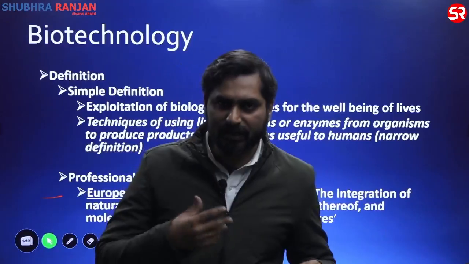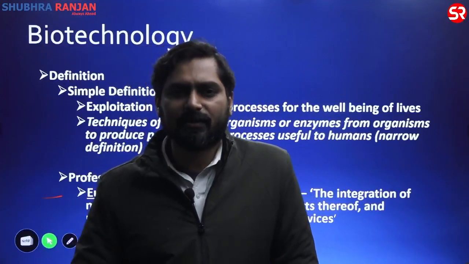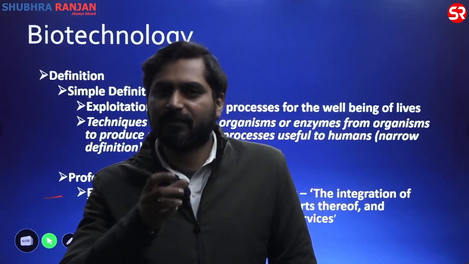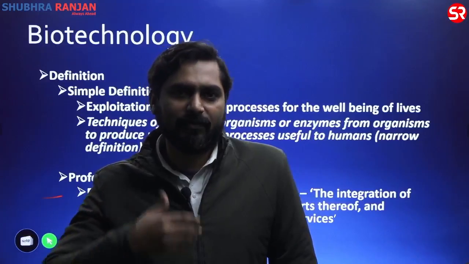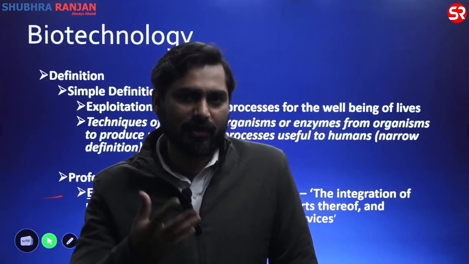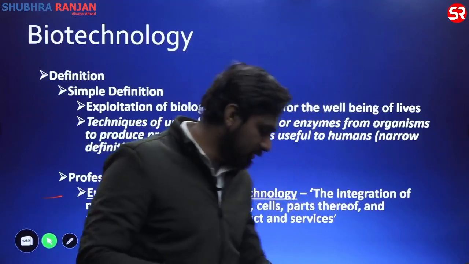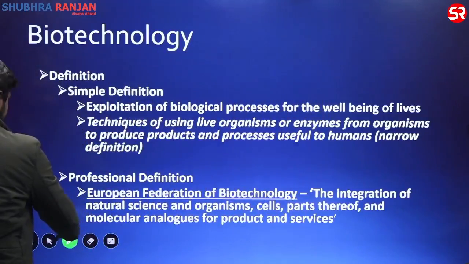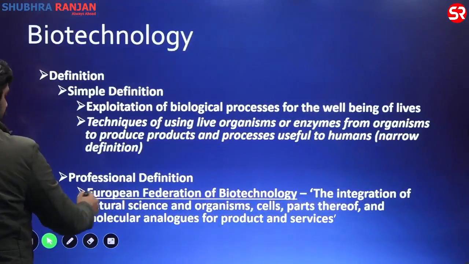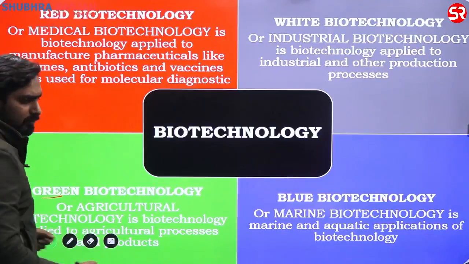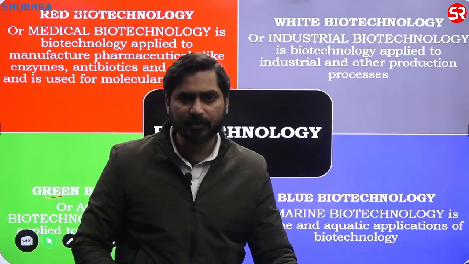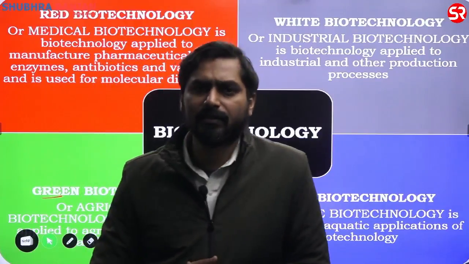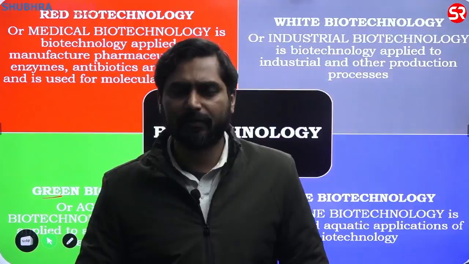So while writing achievements of the biotechnology sector, we can take the help of the different branches of biotechnology, and we could write the achievements in those branches. So what are the branches of biotechnology? These are the 4 branches of biotechnology: red biotechnology, green biotechnology, blue biotechnology, and white biotechnology.